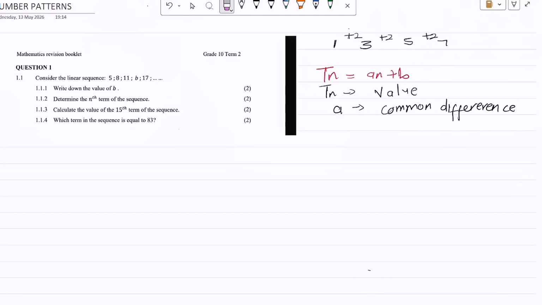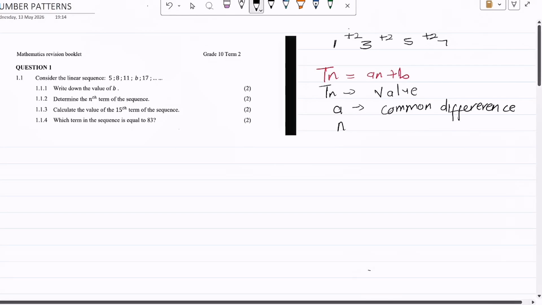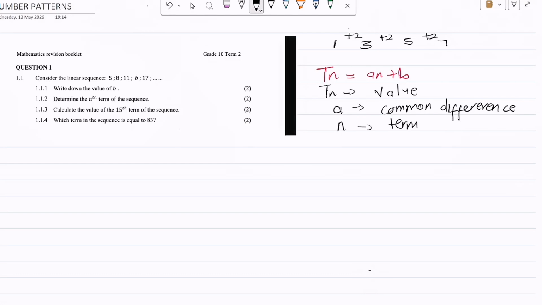A is our common difference, and n is the term number, or position, the position of the number. Like here we have T1, we have term number 2, we have term number 3, we have term number 4.